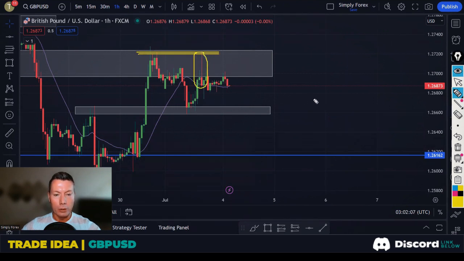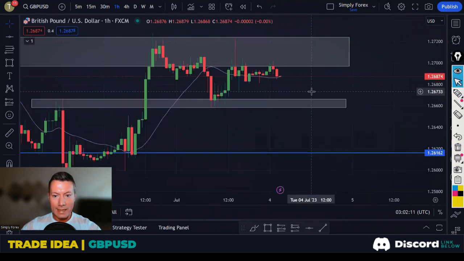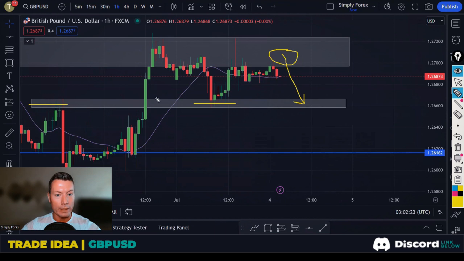All right, so we're looking for shorts. What am I looking for exactly? Well, I'm looking for price to come up into this gray zone, and we get a bearish reaction. I will then take price potentially back down to here because there is a level through here where price has reacted. So I might take some profit here, depending on how the candles react at this level.